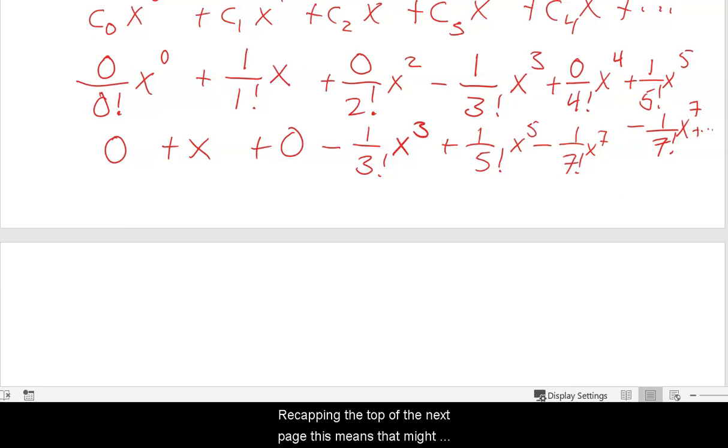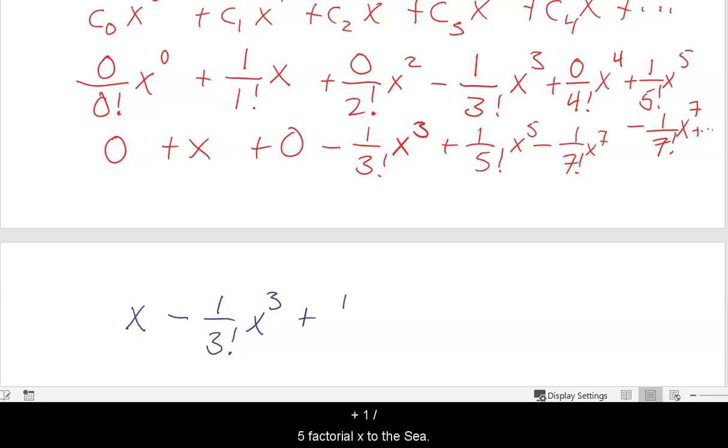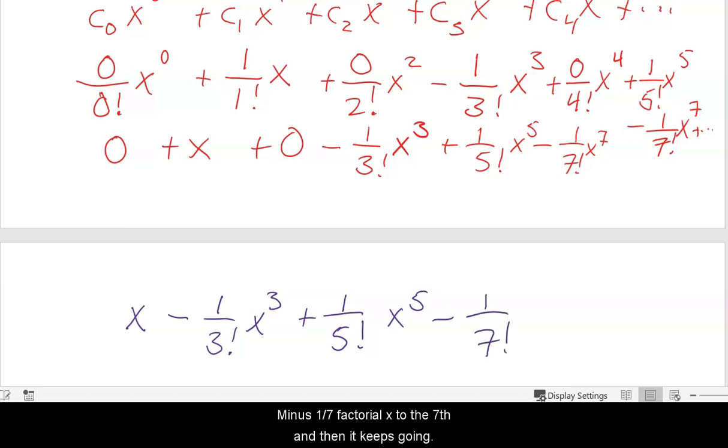Recopying this at the top of the next page, this means that my infinite polynomial starts with x, then has 1 over 3 factorial x cubed, plus 1 over 5 factorial x to the 5th minus 1 over 7 factorial x to the 7th, and then it keeps going. This should be enough for us to predict what the pattern's going to be.